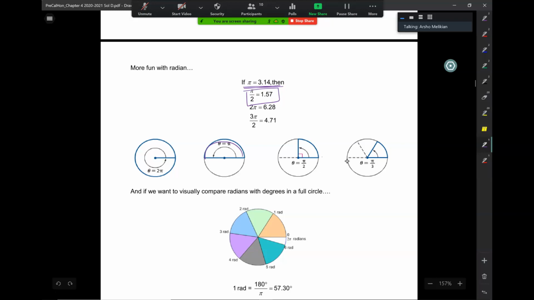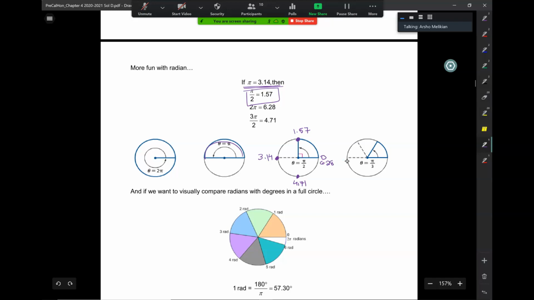So on the circle, if this is 0, at this point, this is half a pi, 3.14 divided by 2, 1.57. And then pi is here, 3.14. 3 pi over 2 is here, 4.71. They're very awkward numbers, and you don't have to have these memorized. And then 6.28 is here.